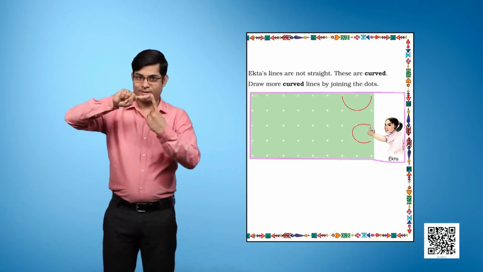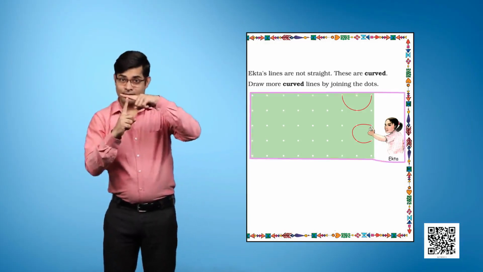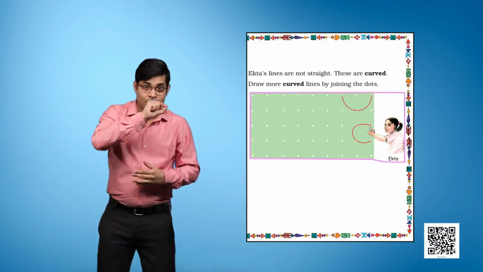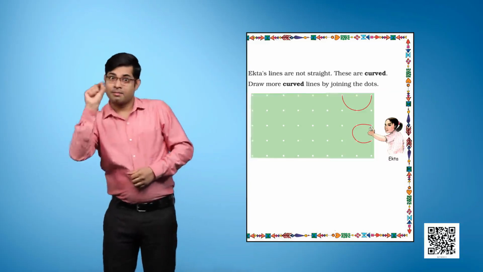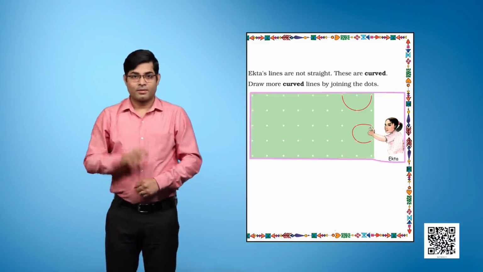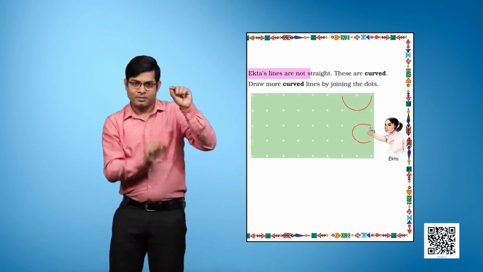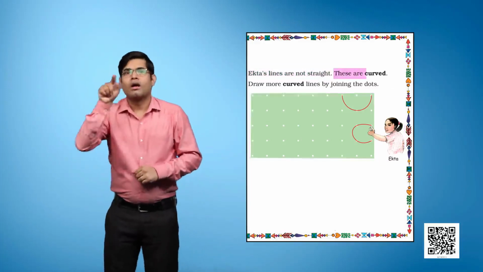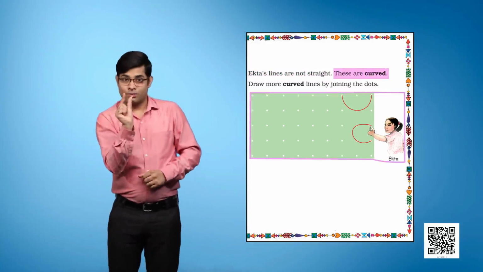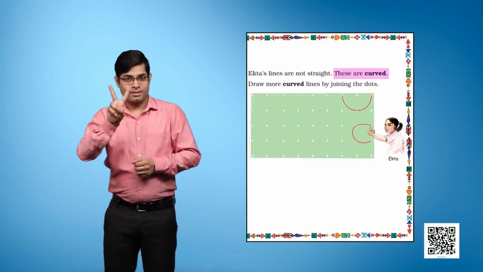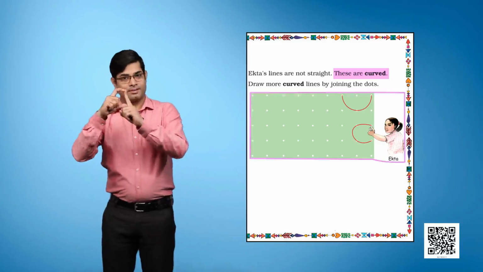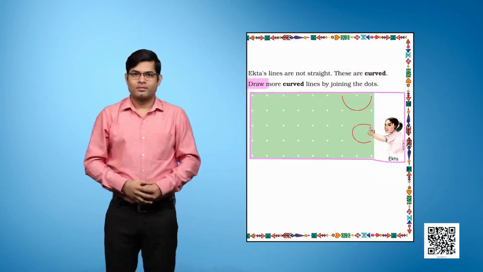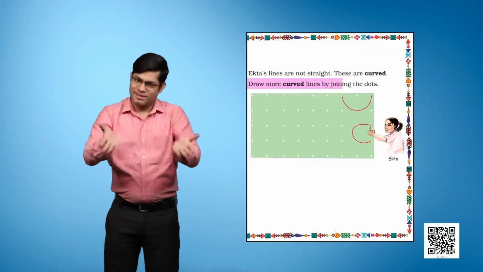Standing near this board, Ekta is joining the dots to make line. Ekta's lines are not straight. These are curved. Draw more curved lines by joining the dots.